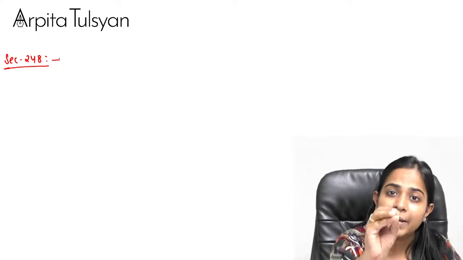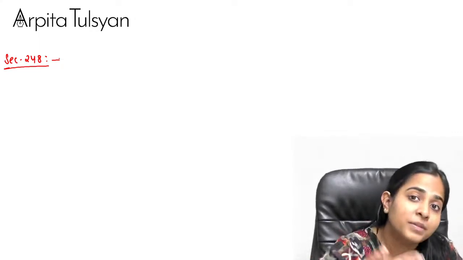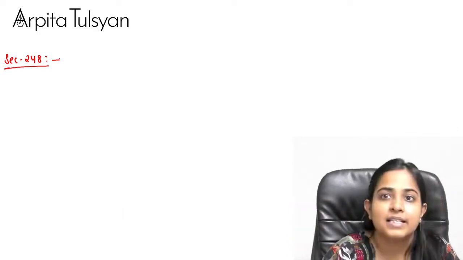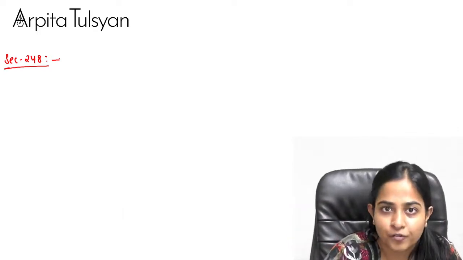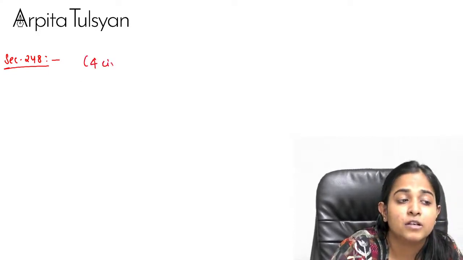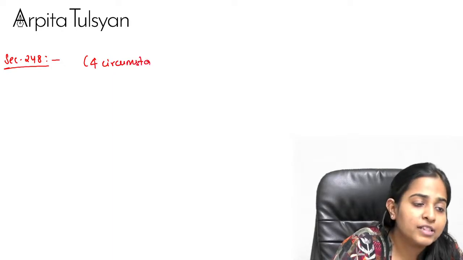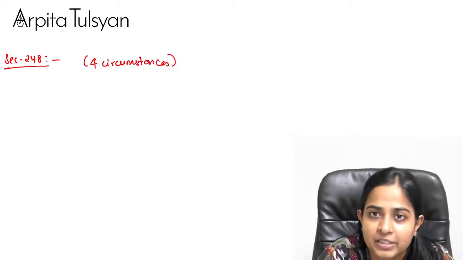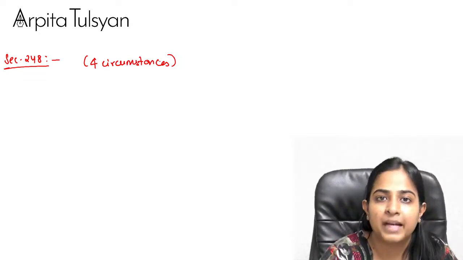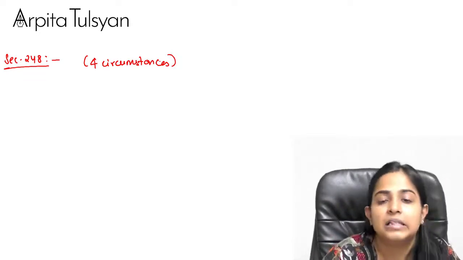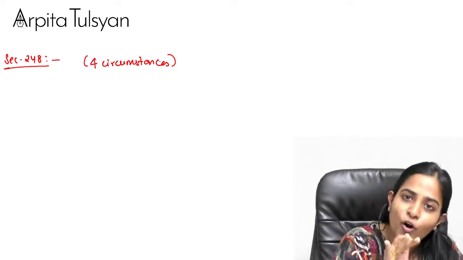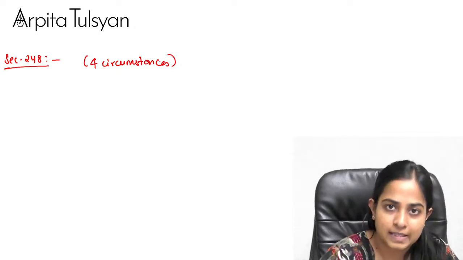Apart from this, in other chapters also, you might study cases where the name can be struck off. Here we will study 4 circumstances in which the name can be struck off. It's not that there are only 4 circumstances; there can be many other circumstances where the name can be struck off. Section 248 states only about 4 cases.